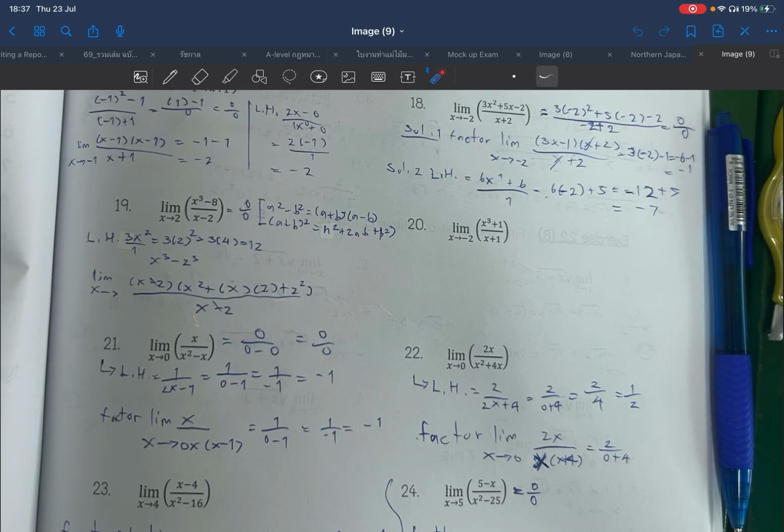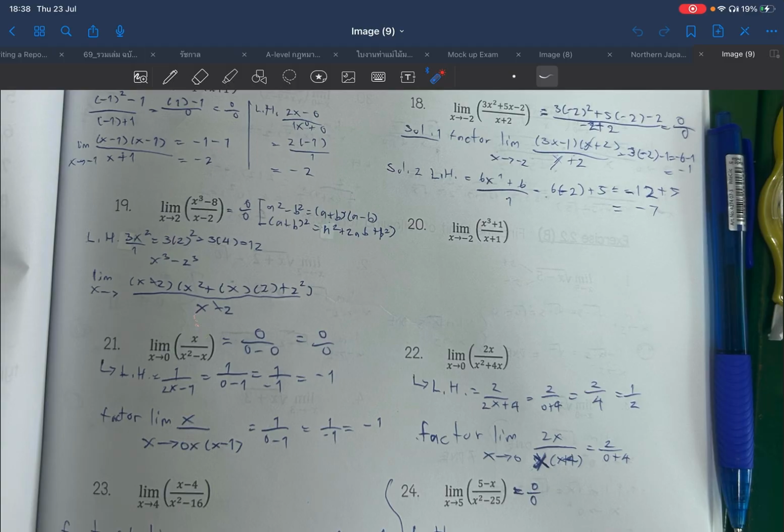Alright, so question 19. The limit of (x³ - 8) over (x - 2) as x approaches 2. So direct substitution gives us 0 over 0. Factor the numerator using the difference of cubes formula.